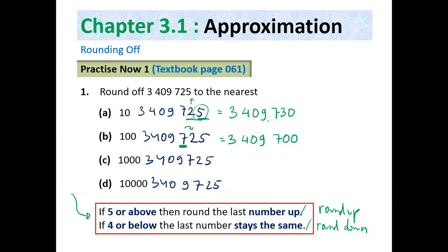It stays the same. But the number is going down. See, 25 becomes 00. In the previous case, 25 becomes 30, so we call this a round up. Since this is the number 2, it's using the second rule. So this is the first rule, and this will be the second rule. And then C. Okay, maintain the focus because it's quite simple.